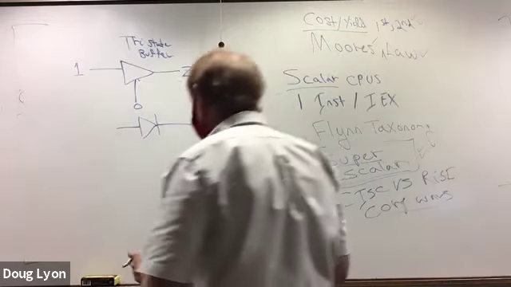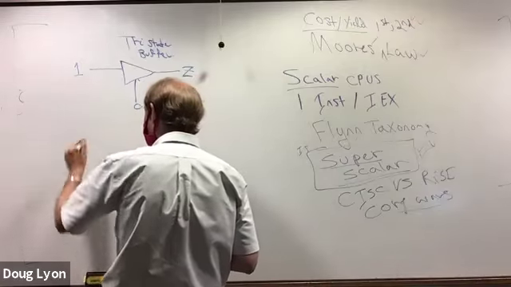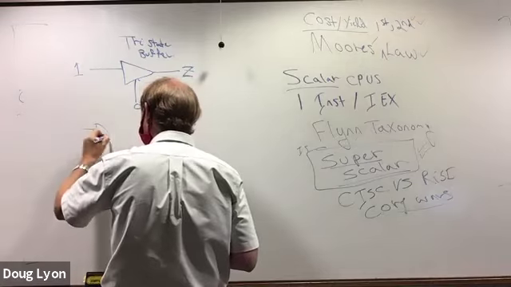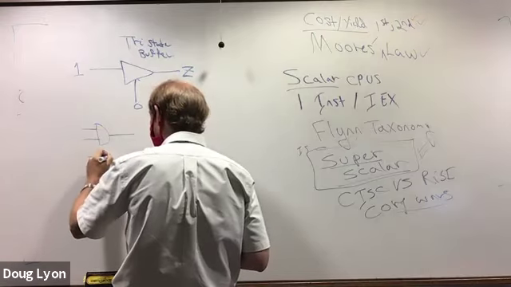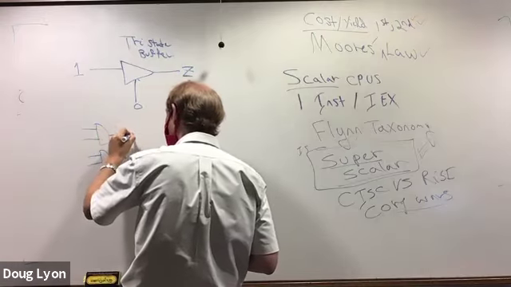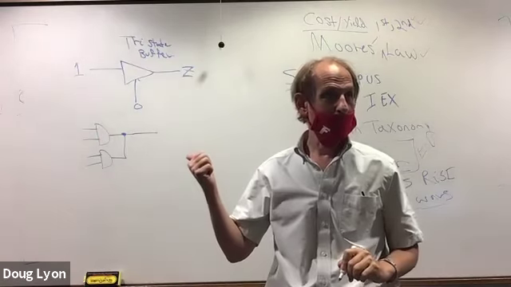Very simple example: if you have an AND gate, and its output is hooked to another AND gate directly, something bad will happen.